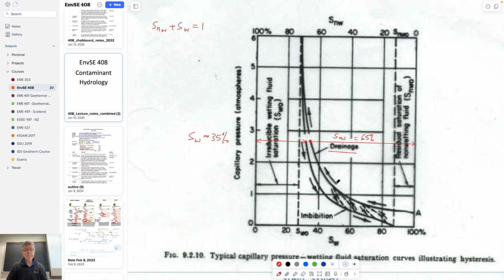And so this is an incredibly important curve for us to worry about, because it allows us to say how much of this non-wetting fluid is present in the system. And there are a couple of things.